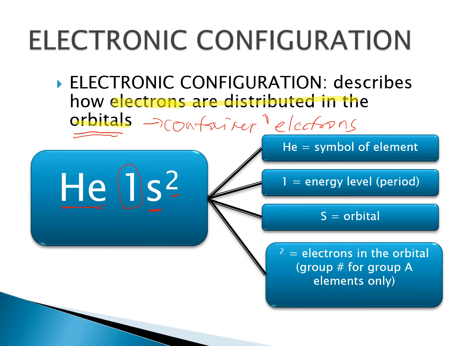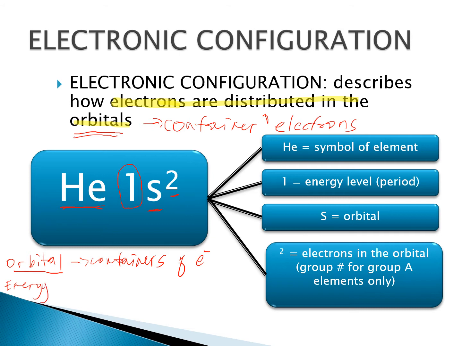Now, we have here an additional keyword. A while ago, we saw that orbitals are containers of electrons, right? Containers of electrons. Now, another term that we encountered is the term energy level.